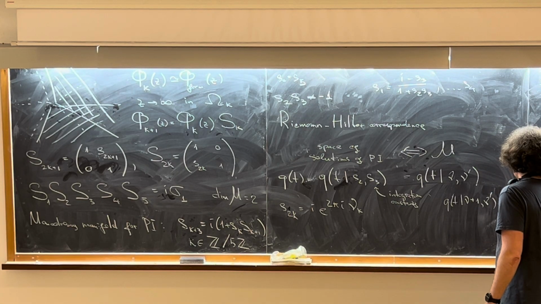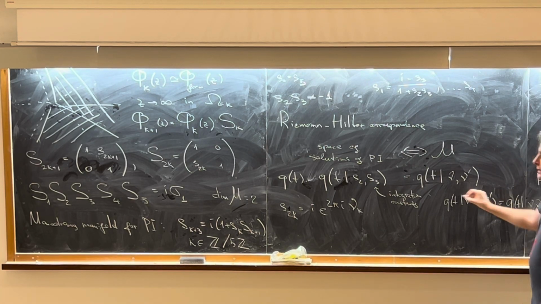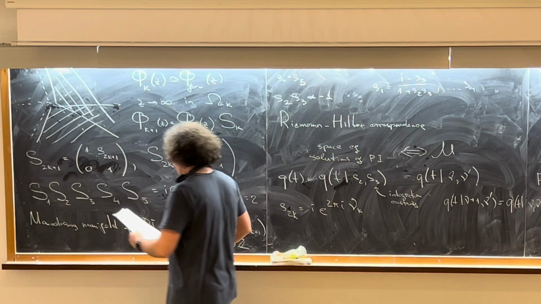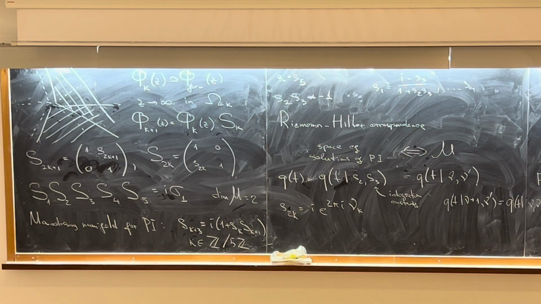So you have this relation, and the same relation for nu prime. Okay, so now I would like to generalize this periodicity to the tau function case.